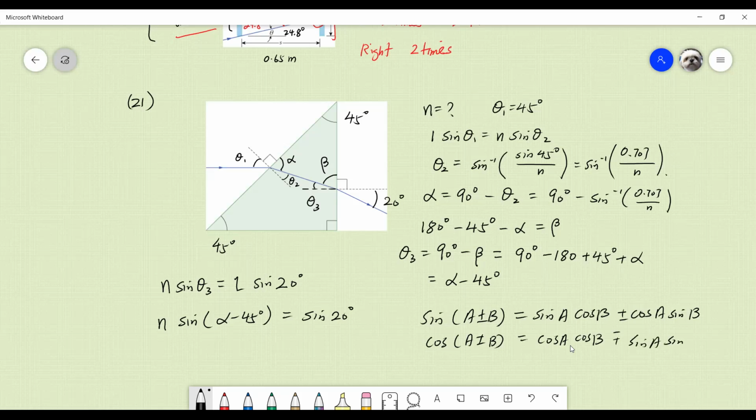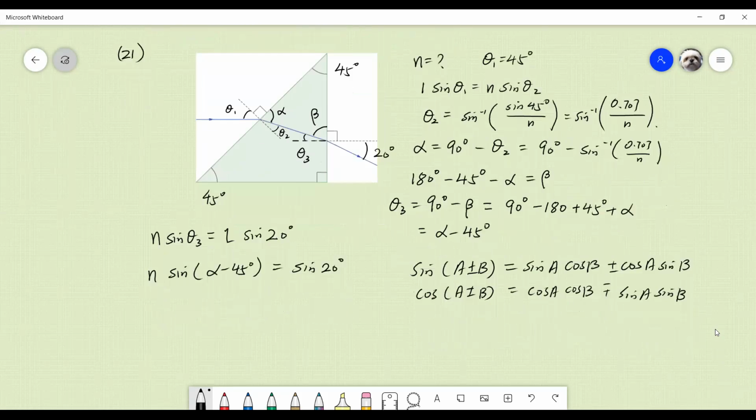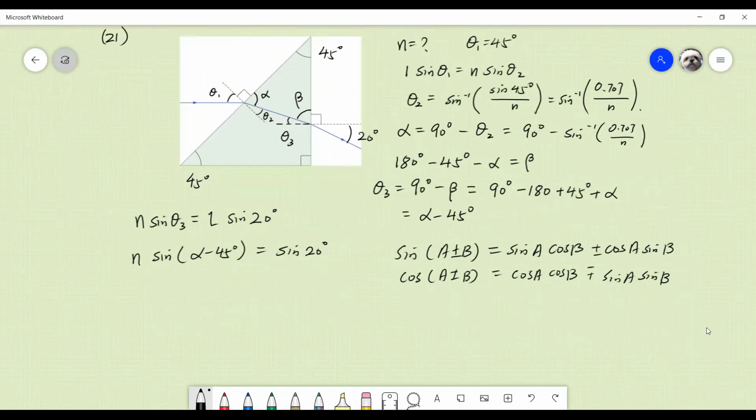So therefore, what does this look like? I have A minus B, so I can write this as N sine alpha cosine 45 minus cosine alpha sine 45 equal to sine 20 degrees.